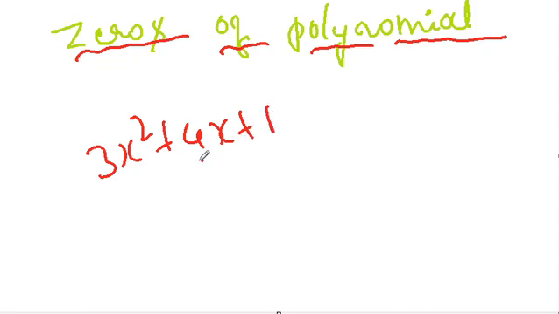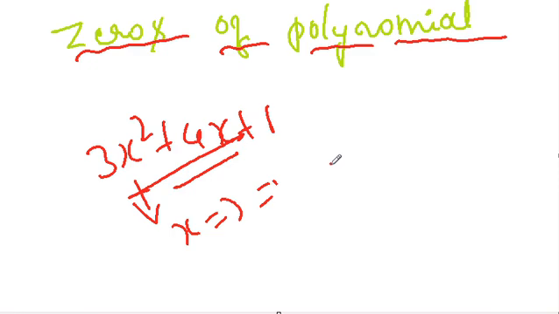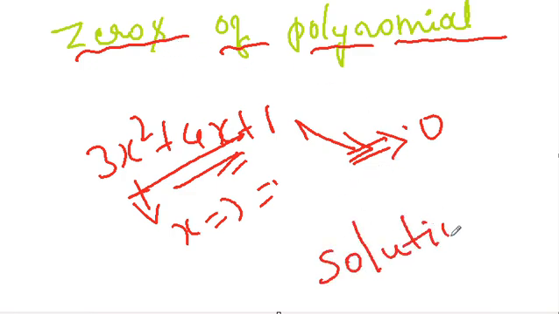Here zeros is nothing but when you give some values for x, if the x value satisfies this equation, that means the polynomial is equal to 0, the value of the variable makes the polynomial equal to 0. Here the variable is x. The value of this variable is making this polynomial equal to 0. Then that is called a zero or solution of the polynomial.